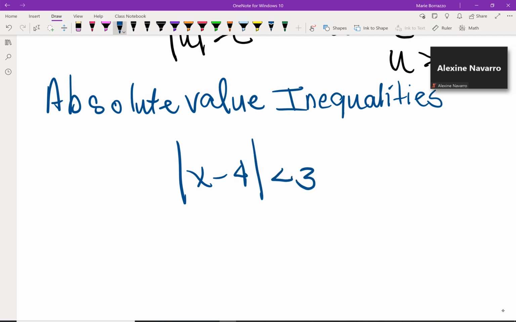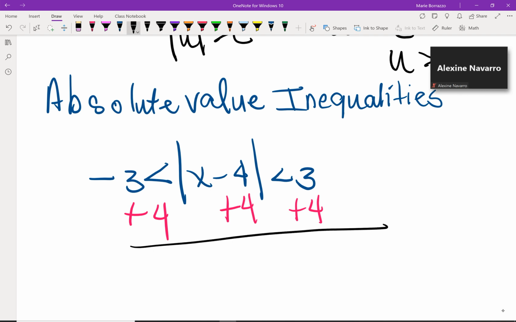Now, you do remember that I said one of the things that we always try to do when we solve is recognize there's a positive side and a negative side. So what we would want to do is satisfy this over here as negative 3, and we're going to add the 4 to all 3 sides of this inequality. And so that leaves us with 1 is less than x and less than 7.